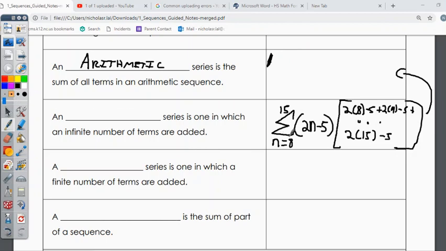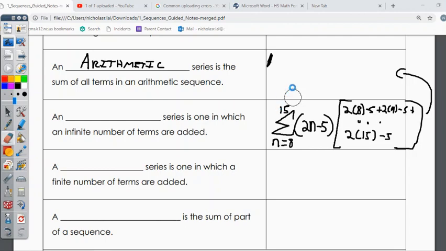So yeah, that's n equals 8, and the stopping number is 15. So essentially you plug in 8 for n, so 2 times 8 minus 5 plus 2 times 9 minus 5 plus 2 times 10 minus 5 plus 2 times 11 minus 5 plus 2 times 12 minus 5 plus 2 times 13 minus 5 plus 2 times 14 minus 5 plus 2 times 15 minus 5, and then you stop because your index is 15.